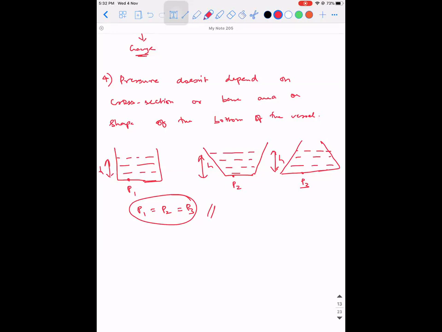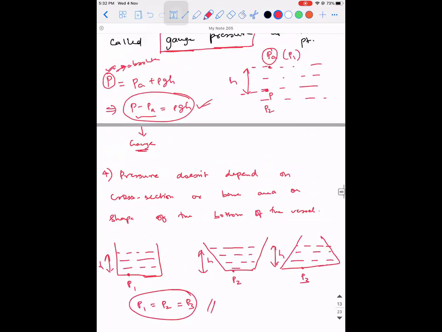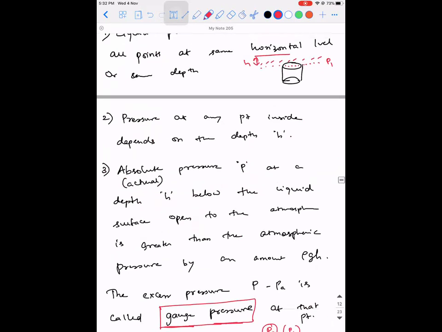Guys, am I clear till this point? Yes, sir. So we can say that the pressure depends only upon the depth of the vessel. Yes, it depends only on the depth. That's what the second point says: pressure at any point inside depends on the depth H.